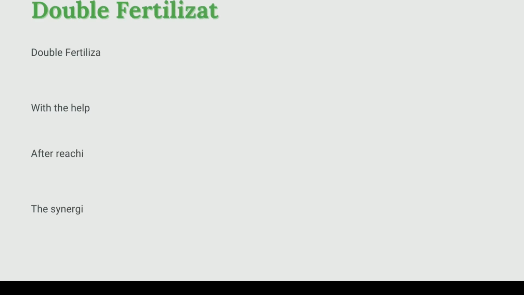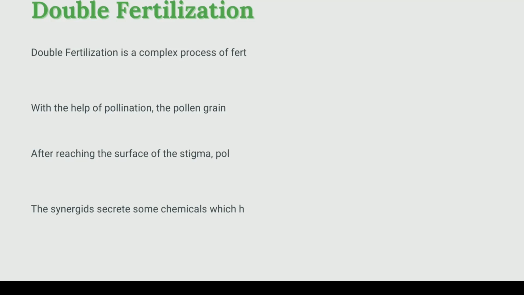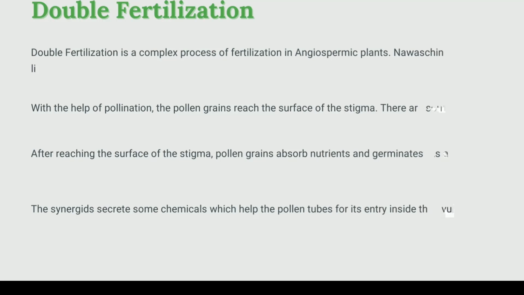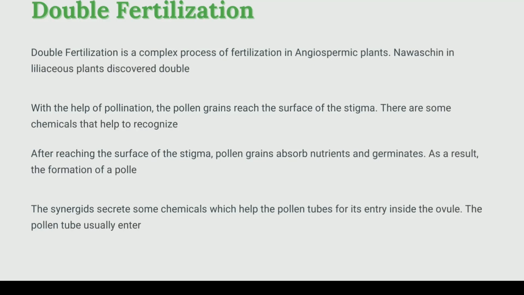Now let's come to double fertilization. As I said, double fertilization is the process in which fertilization takes place twice at a time. This double fertilization is a complex process.